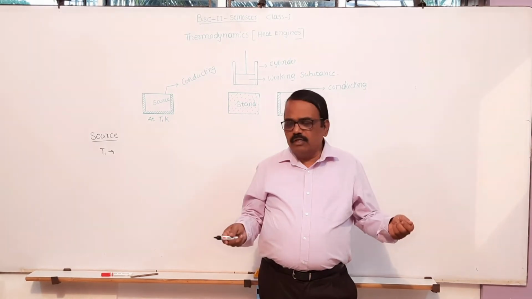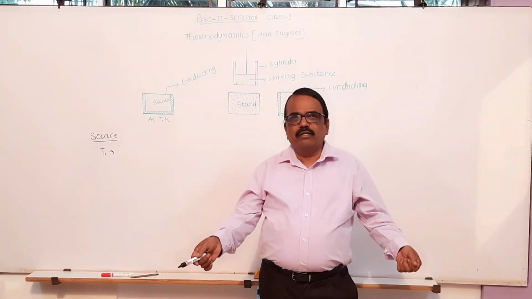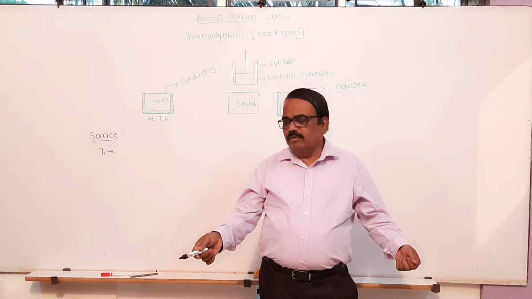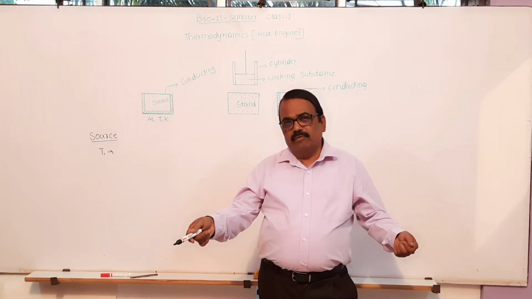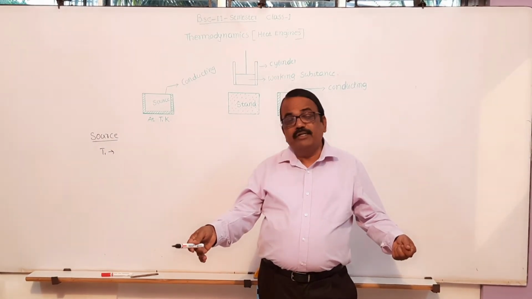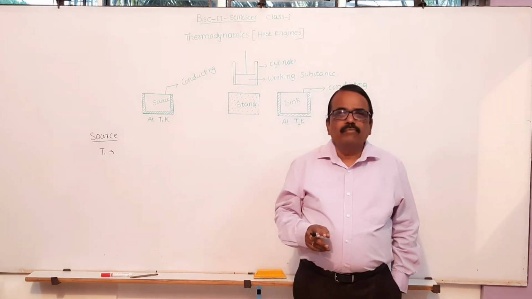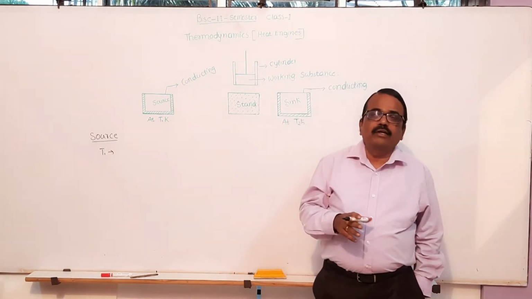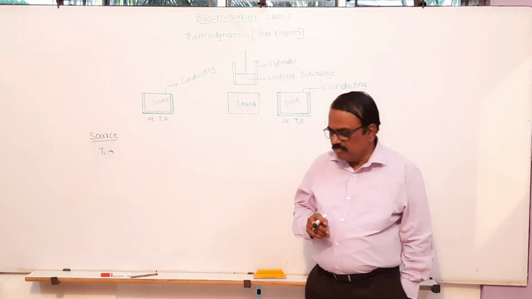Take one wooden stick and one steel stick, and keep both in a fire. The stick made of metal will get heated, which means heat has reached from one end to the other end. So it is called a conductor, and the other one is an insulator.